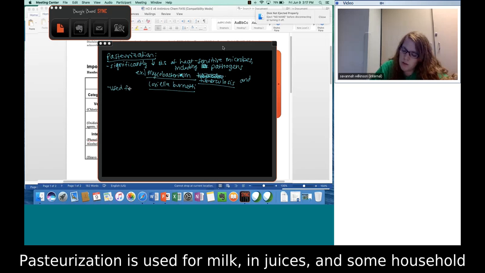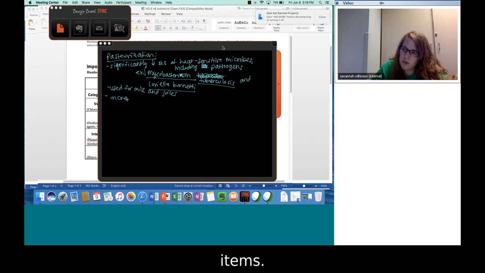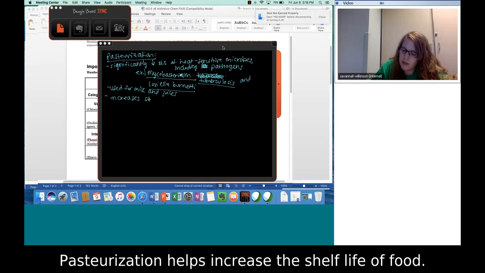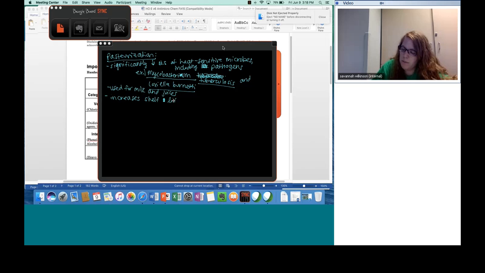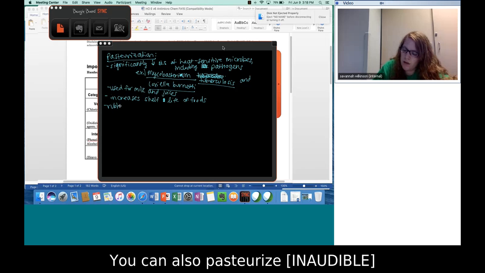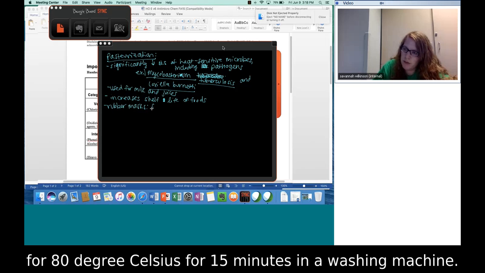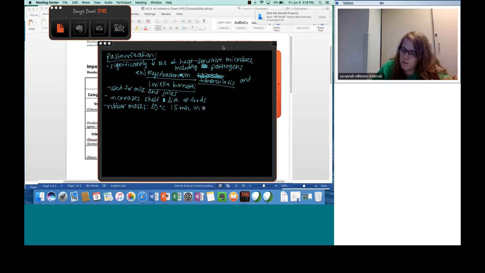Pasteurization is used for milk and juices and some household items. It helps increase the shelf life of food. You can also pasteurize rubber masks at 80 degrees Celsius for 15 minutes in the washing machine.